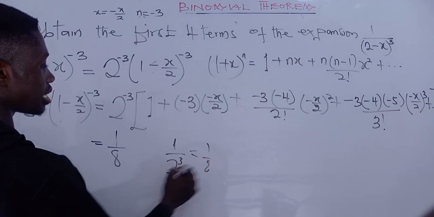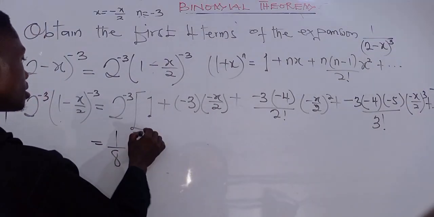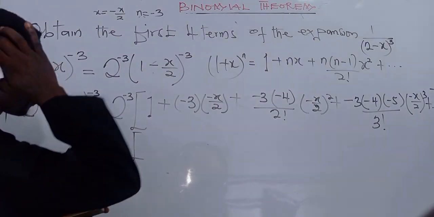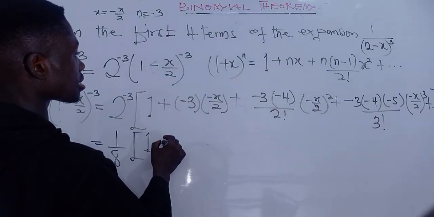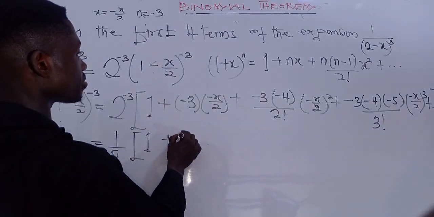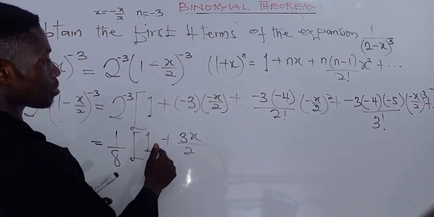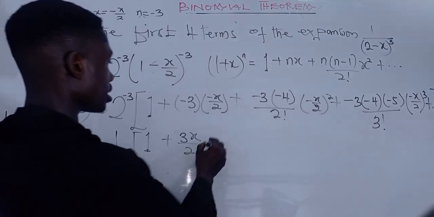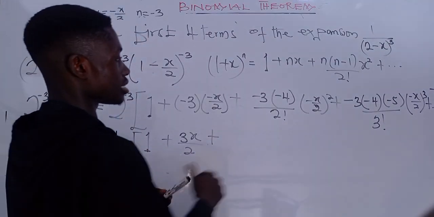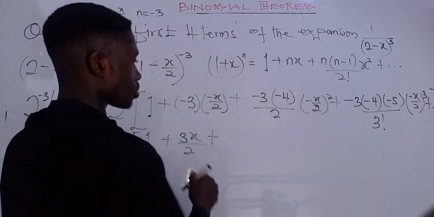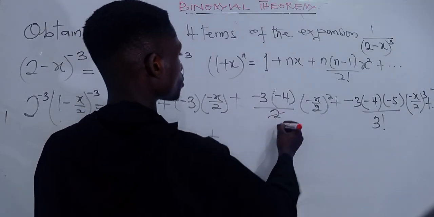So we have 1 over 8, and then we have 1. Then this will give us positive 3x all over 2. Then negative 4 times 3x all over 2, and 2 factorial is the same as 2, so you can see that these 2 can cancel.